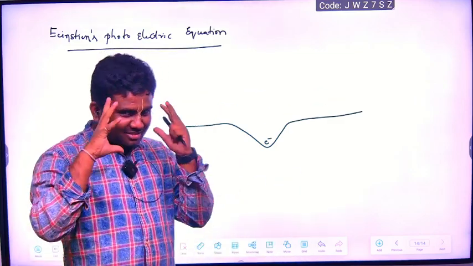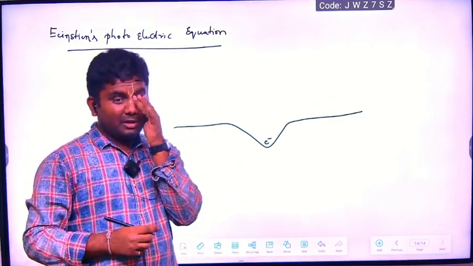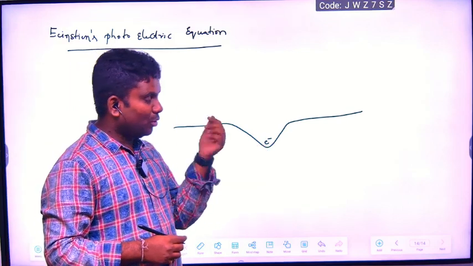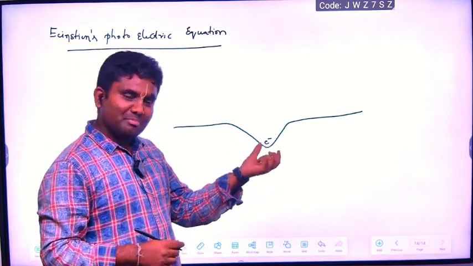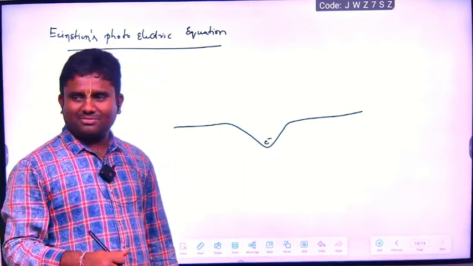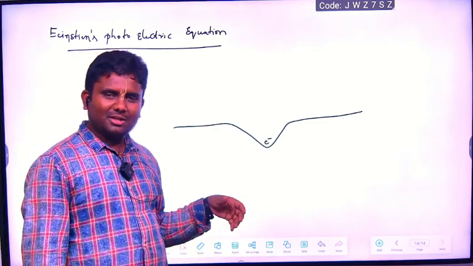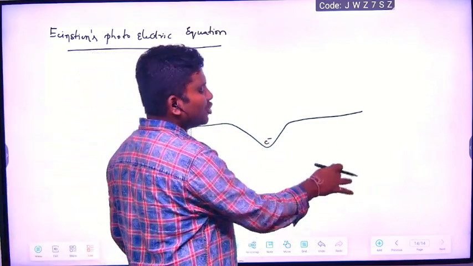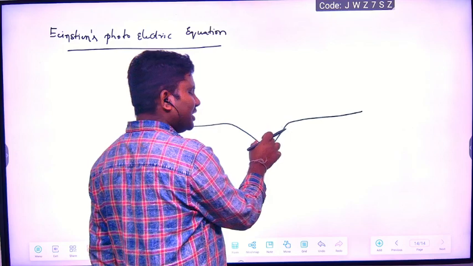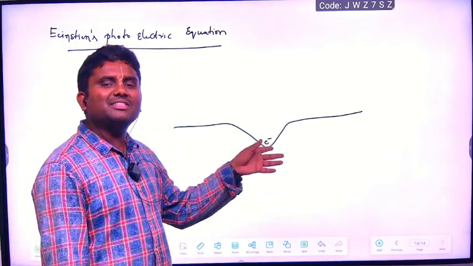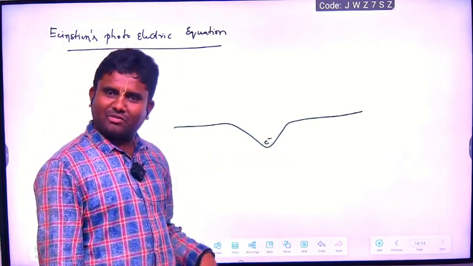In the same way, Einstein thinks there is one hole, meaning the electron is embedded inside it. This is one electron in a valence bond; there will be valence electrons and free electrons.